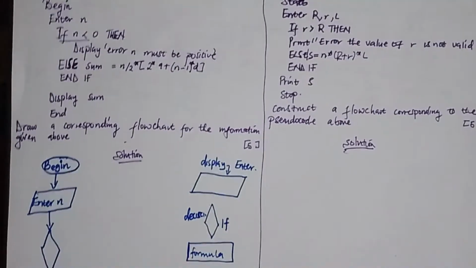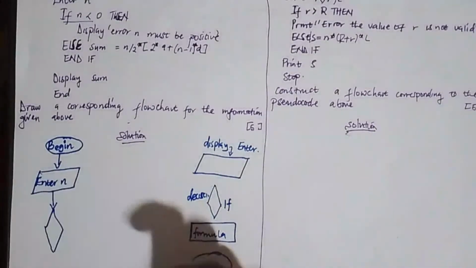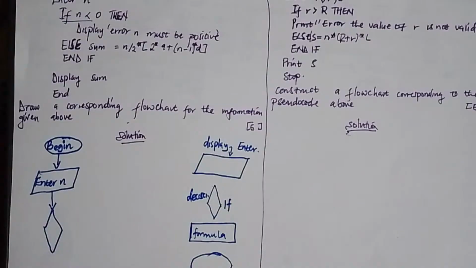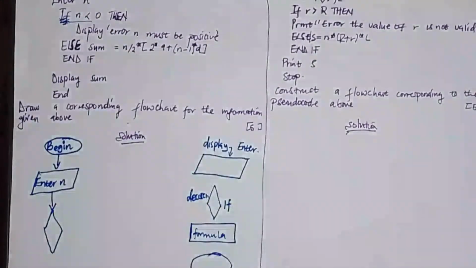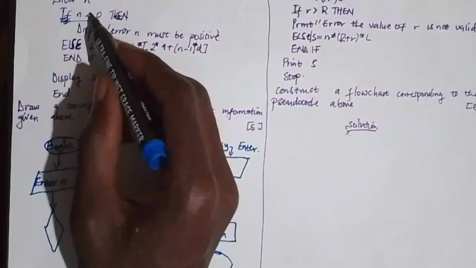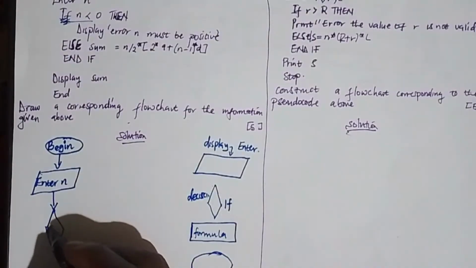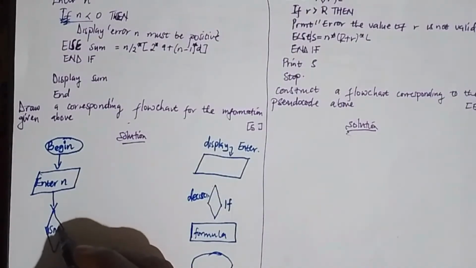Now here is where you have to pay particular attention. Whenever we use a diamond, you are supposed to change this if into is, because you are making a decision, and a decision should have yes or no. So we are determining if our decision is yes or no. Instead of if n is less than 0, you say: is n less than 0?